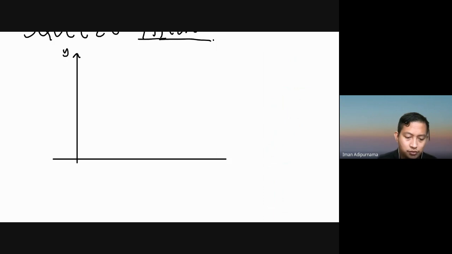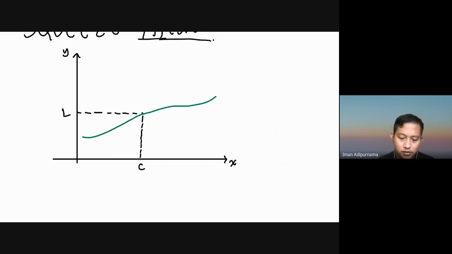So this is y, this is x. Okay, and let's make maybe here a number c, and this will be L. And I will draw 3 functions. Maybe this is like that. This is g. Okay.